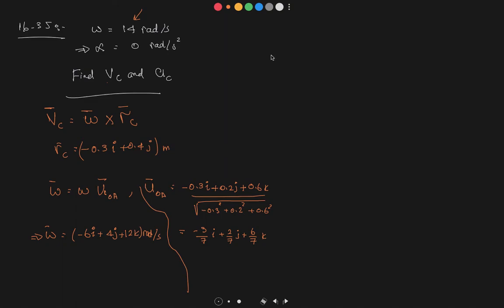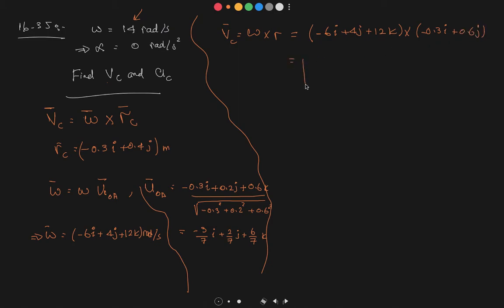This is very simple, using determinant that we've learned in statics and in several math courses. We say now that VC is omega cross r. So be careful with your arrangement. Do not mix things up, otherwise you'll have wrong values or at least wrong sign. So this is minus 6 in the i plus 4 in the j plus 12 in the k cross r, and r was minus 0.3 in the i plus 0.4 in the j.